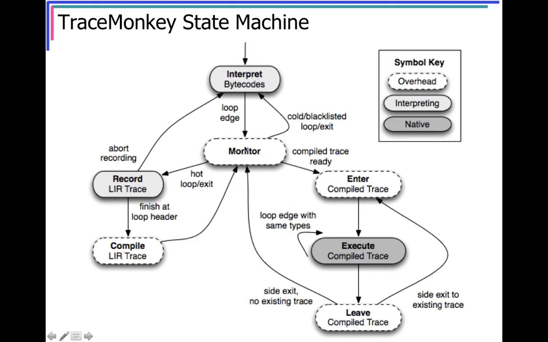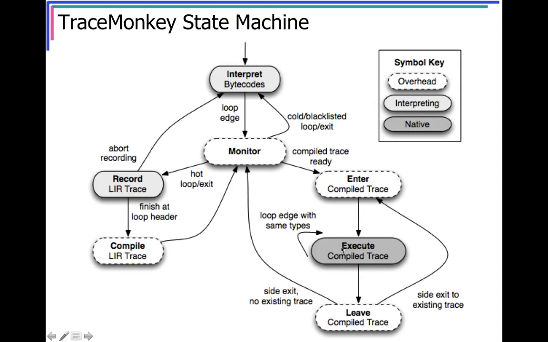Later, if we traverse this loop again and that trace is compiled, we'll enter the compiled trace. There is some overhead with doing so because we're going to have to check that the guards are in place. That is, that all of the types and the control flow that we encountered during the monitoring are the same. Once we've determined that the trace is the same as one of the ones that we profiled in the past and thus compiled, we execute the compiled trace.